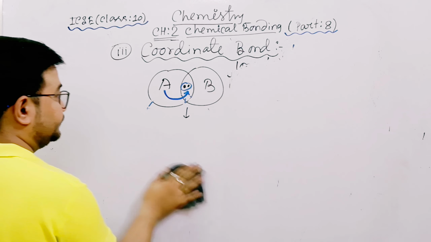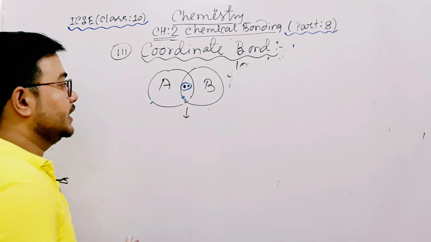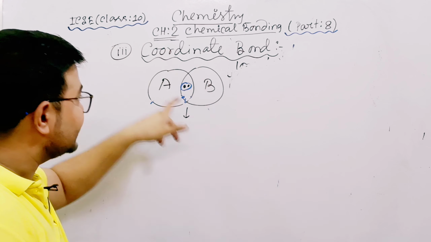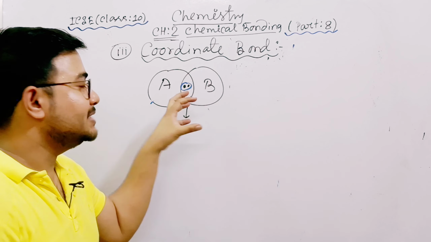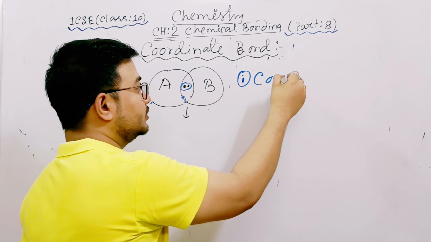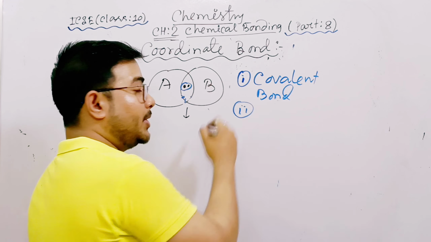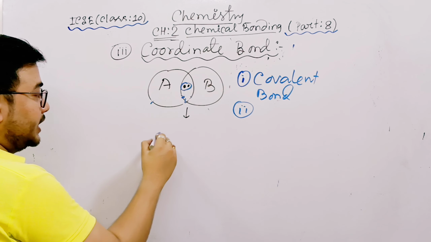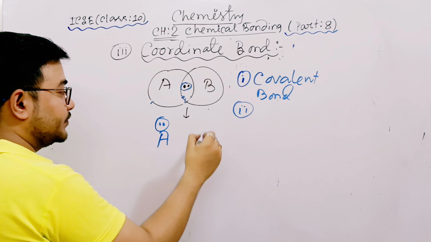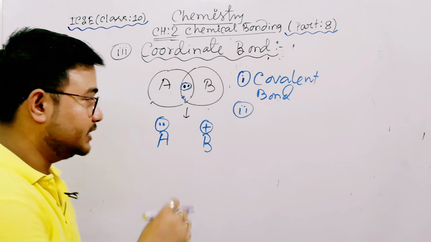Okay, look at the board. We already have two concepts, electrovalent bond and coordinate bond. This structure looks more or less similar to a covalent bond, but look at the board here. A has more electron density and B has no electron. What is the charge of an electron?